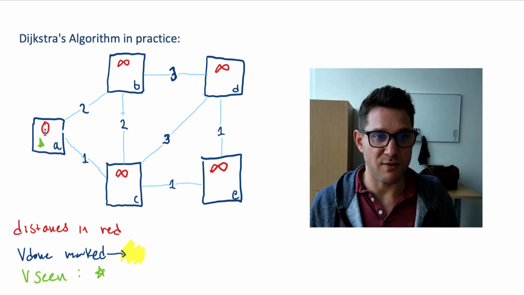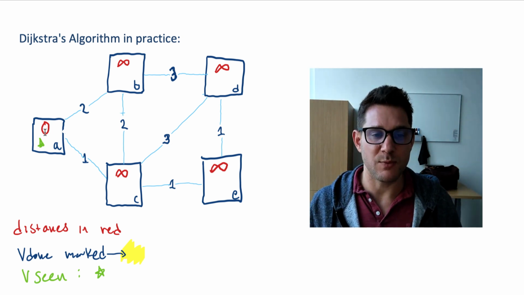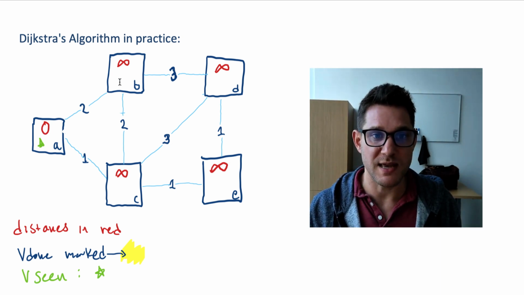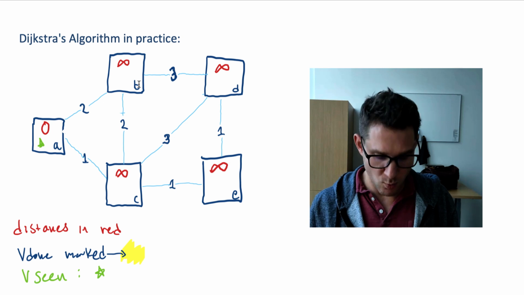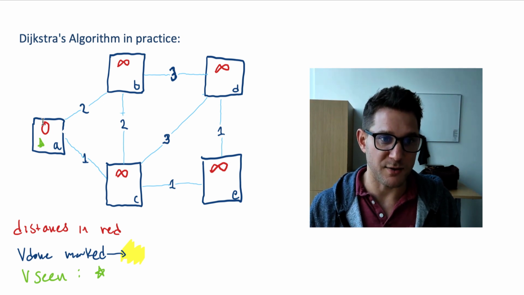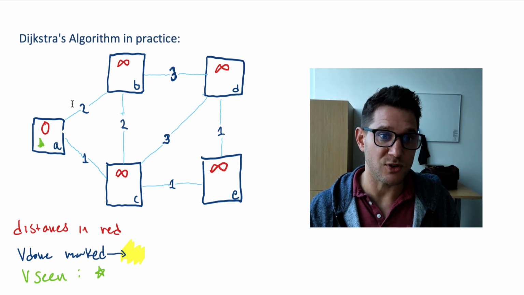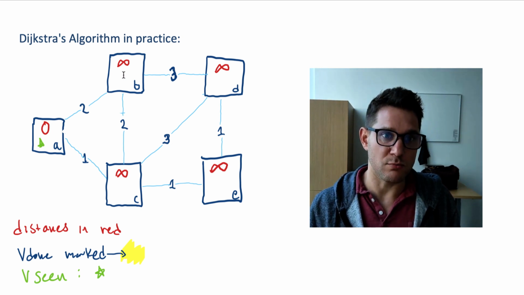Okay, what are we going to do for every neighbor? We look at the edge weight associated with each neighbor, and we compute some distance value to the root. In this case, we're going to look at first neighbor B, and we're going to say, okay, what is a potential new distance from root to B? Well, we take the distance value here to A, which is 0, because A is the root, plus the edge weight, which in this case is 2, and we say now we found a path from A to B which has value 2.